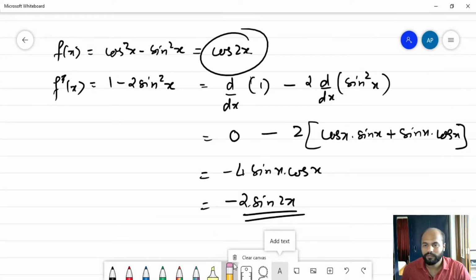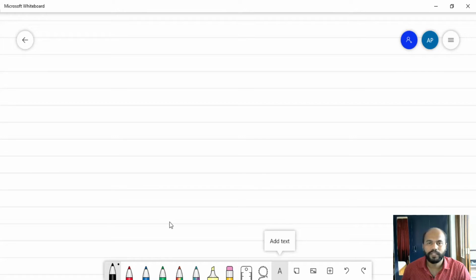The next combination that we're going to take is a combination of an algebraic function and a trigonometric function. For example, what if it is x squared cos x, or a function like x squared sin x, or x squared tan x for that matter. Let's take up the function.